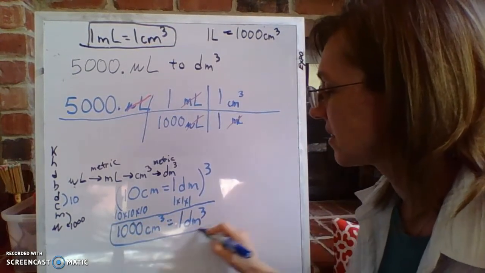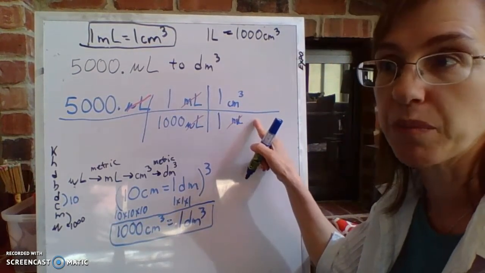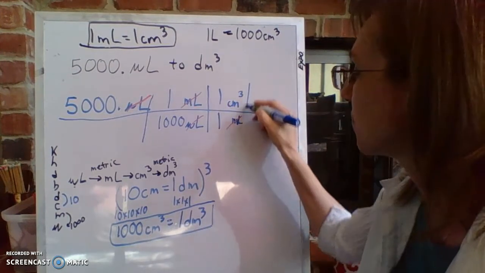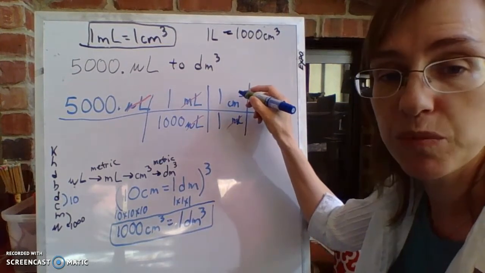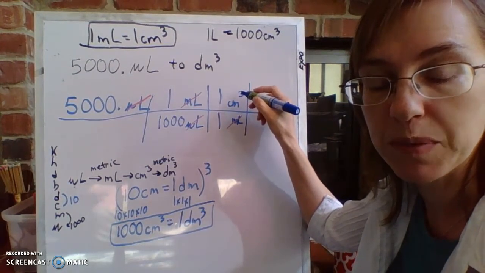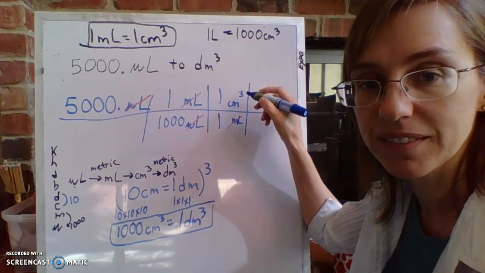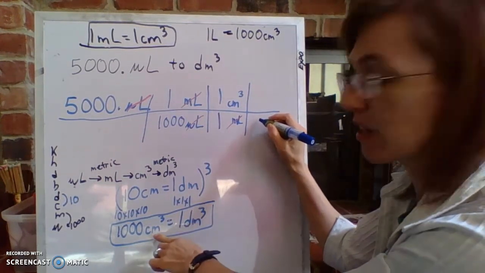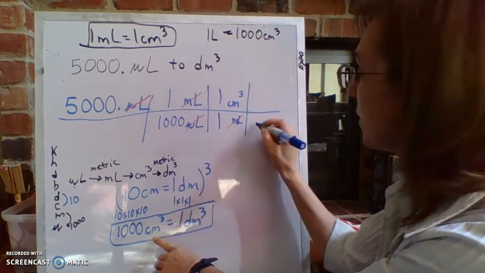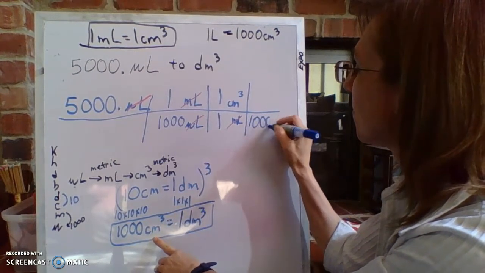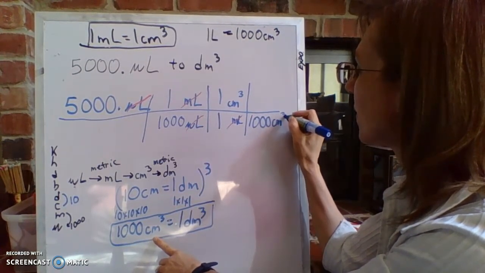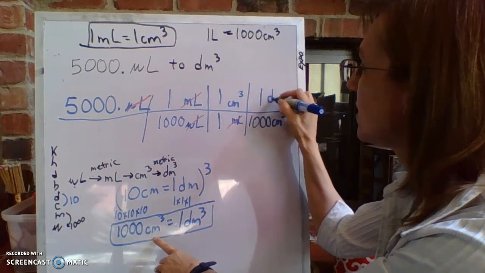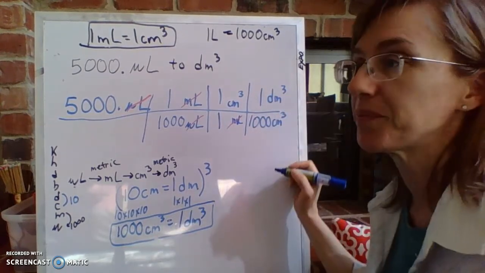Okay, this is the conversion factor that we have to put up here. So we've got centimeters cubed on top, so where does centimeters cubed have to be in order to cancel out? Well, it has to be on the bottom. So we're going to put our centimeters cubed from down here. We have 1,000 of them, to every 1 decimeter cubed.